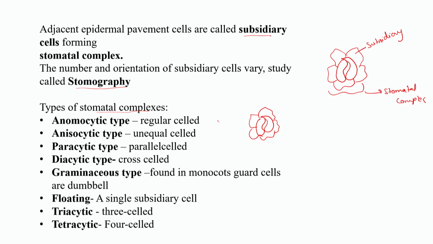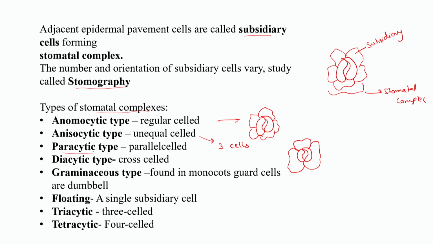Now when we talk about the anisocytic type, the stomata is surrounded by 3 accessory cells, of which one is distinctly smaller than the other 2. If we observe them, we will see that one cell is smaller and the rest of the 2 cells are bigger in structure. So this is about the anisocytic type.